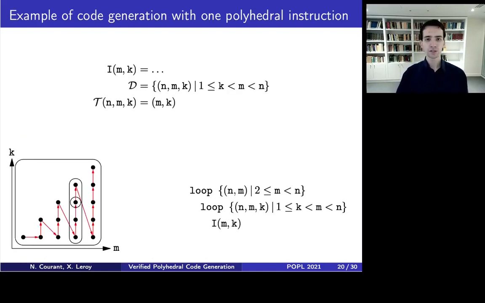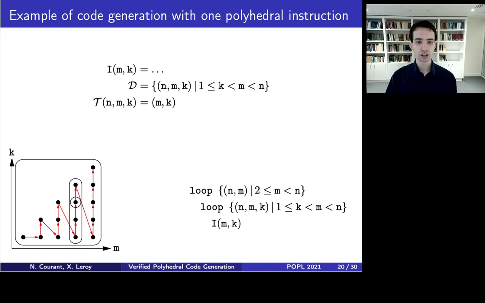For instance, suppose we want to generate code corresponding to scanning a triangle. In the first step, we project the triangle on the first dimension, giving the polyhedron where m is between 2 and n. This is the outer rectangle in the picture. We generate a loop node corresponding to this, and we recurse on one more dimension.